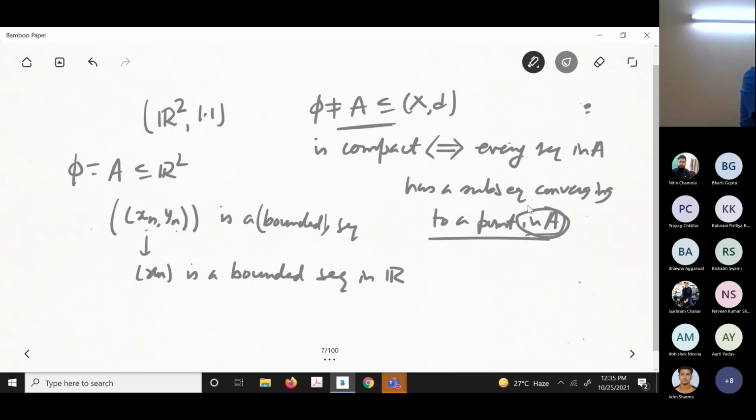It won't be a problem. Only I'll have to show the convergent subsequence. Now, if you use the Bolzano-Weierstrass theorem, there exists a subsequence converging to a point X. Okay, right?